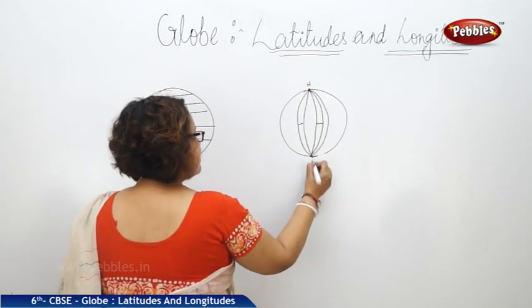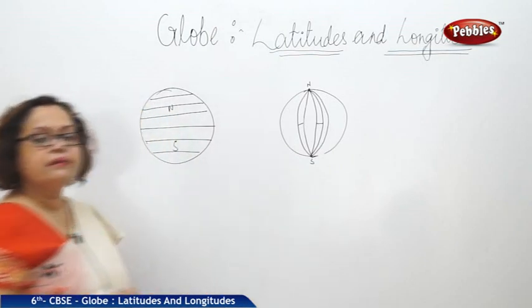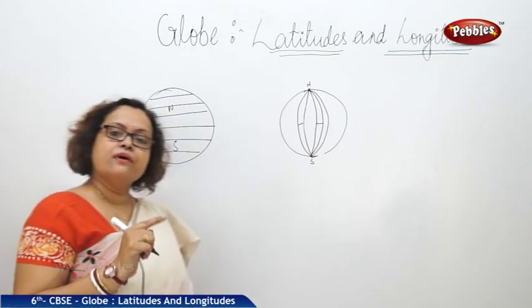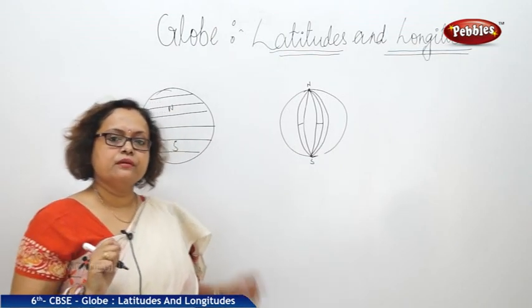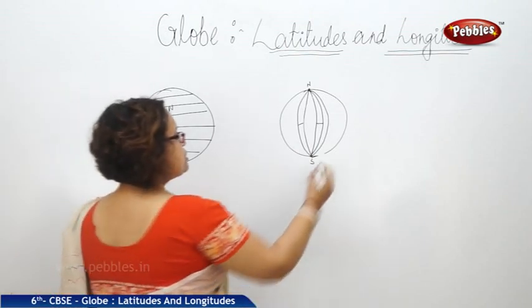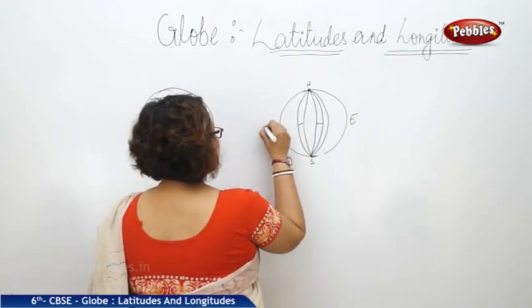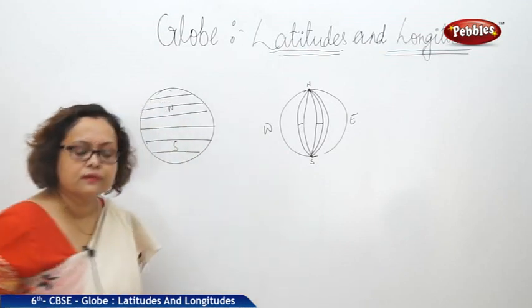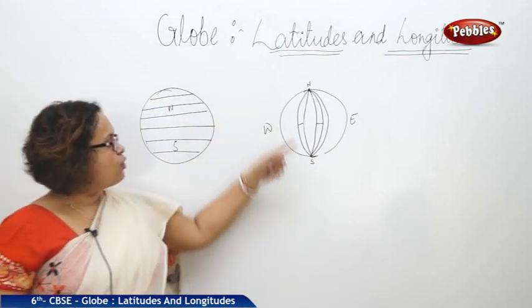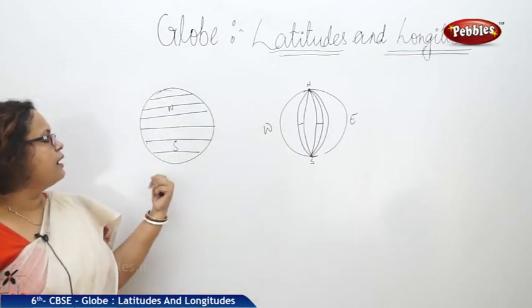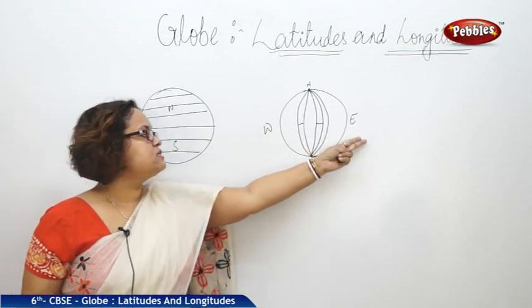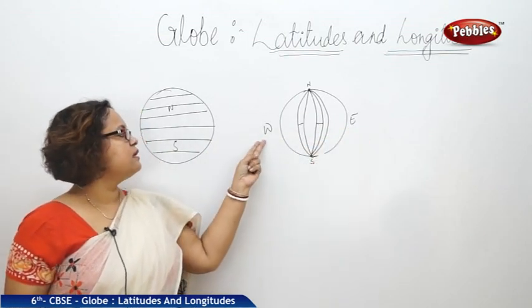Both the poles, they are meeting there. And they are also dividing the earth into two hemispheres, one is the eastern hemisphere and the other is the western hemisphere.